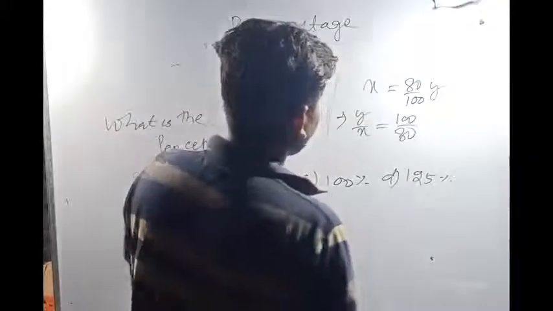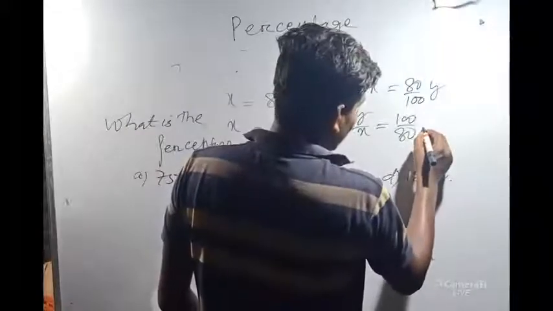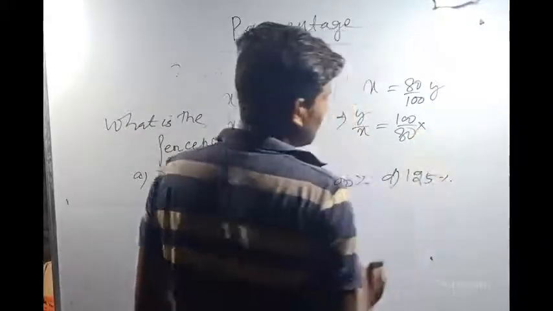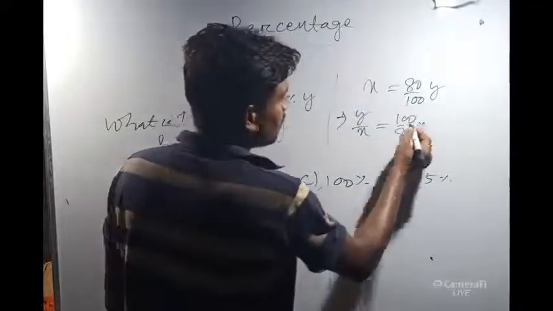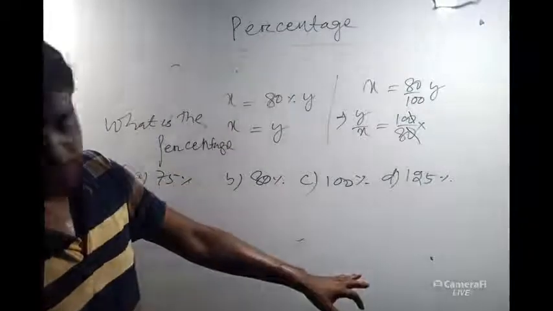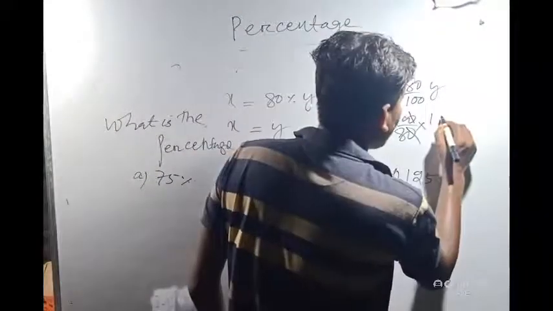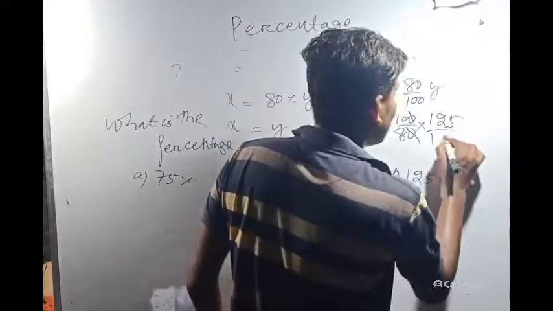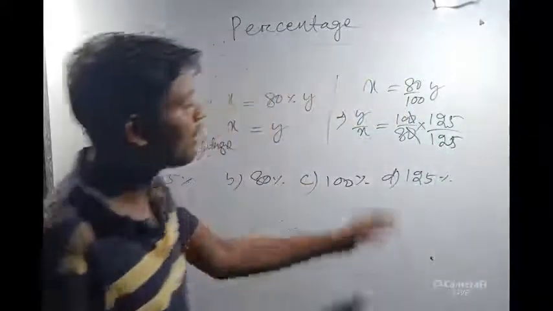Okay, then here 10 is cancelled and it is 10 by 8. Now we multiply and divide by 125.